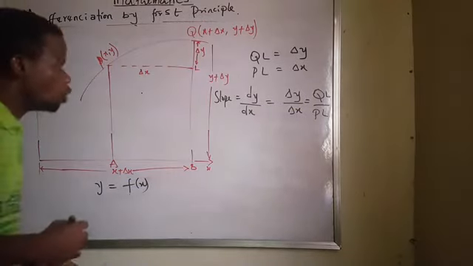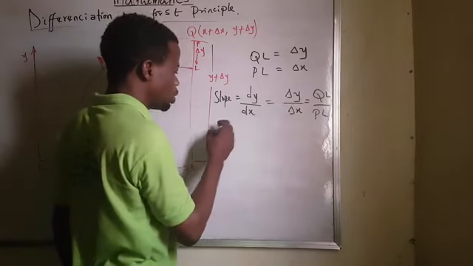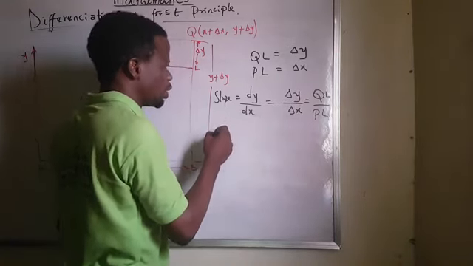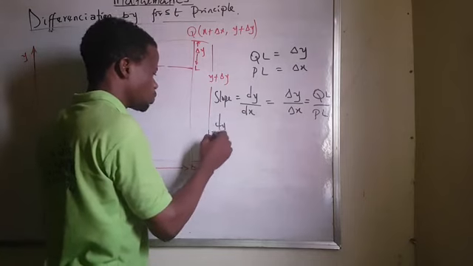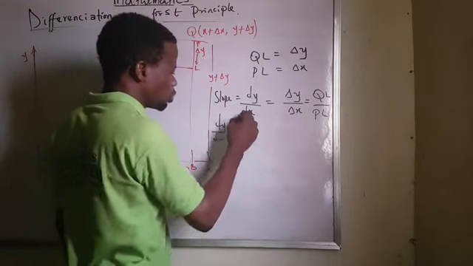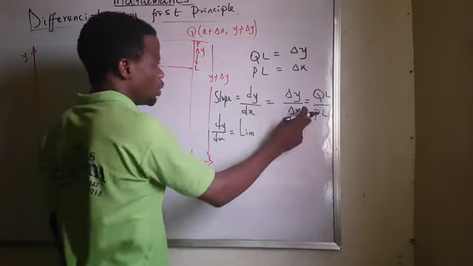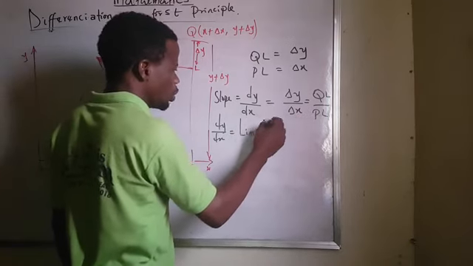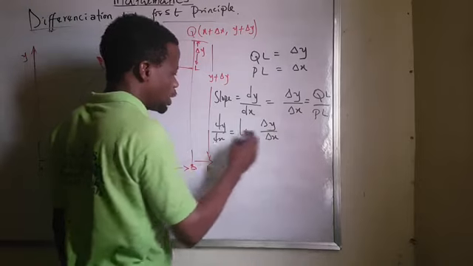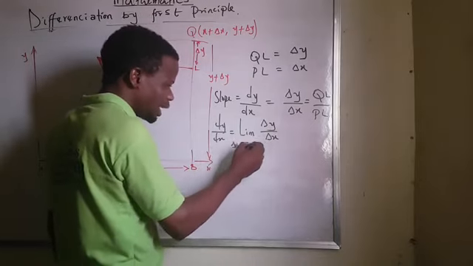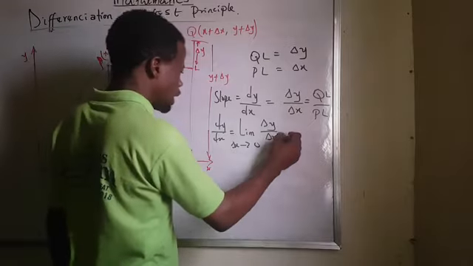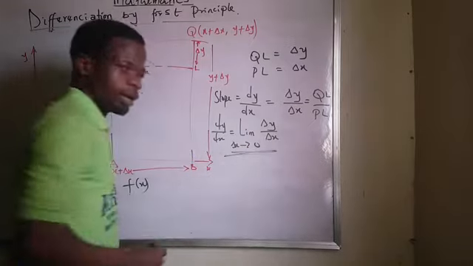Do you get? Good. So that becomes change in y over change in x, and we should also know that our dy dx is equal to the limit of change in y over change in x, as change in x tends to 0.